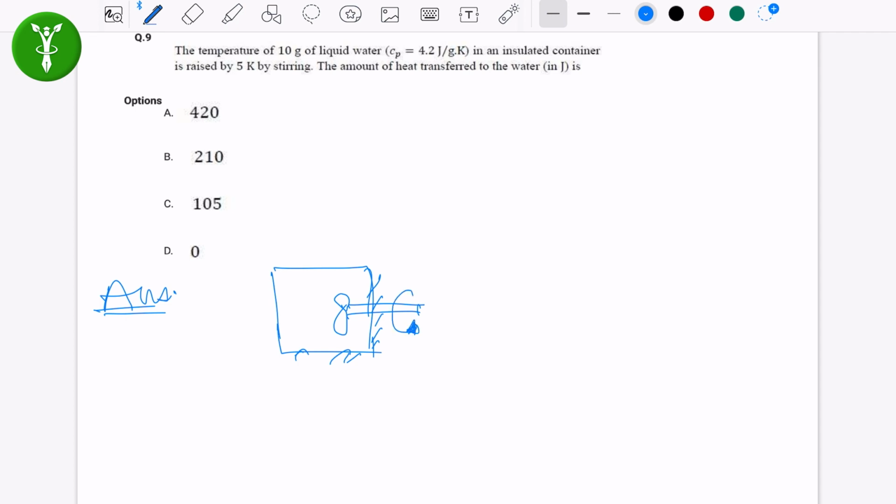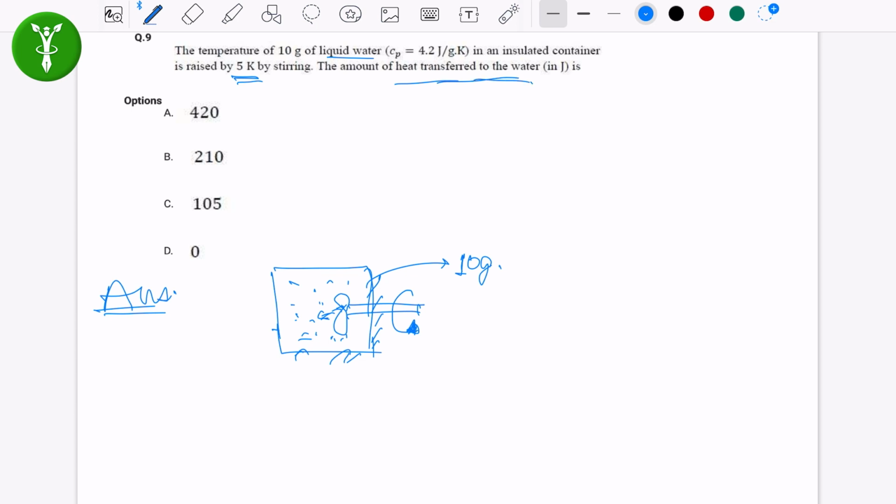Here we have 10 gram of liquid. During the stirring process, energy is transferred to the molecules of the liquid, which is used in raising the temperature of the liquid water by 5 Kelvin.